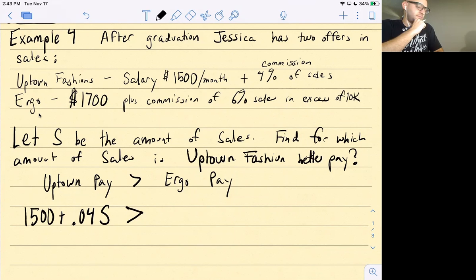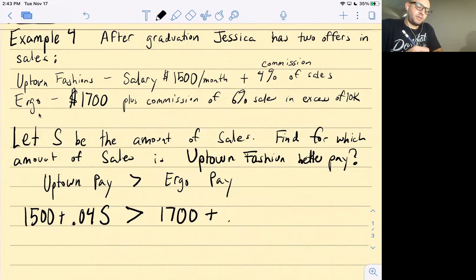You can either message me in chat or just raise your hand. Is Ergo the 1,700 then the... I don't really get the 6% sale in excess of 10K. Would it just be the same, where it's 0.06 S? Almost. So okay, I agree with 1,700, right? That makes sense.